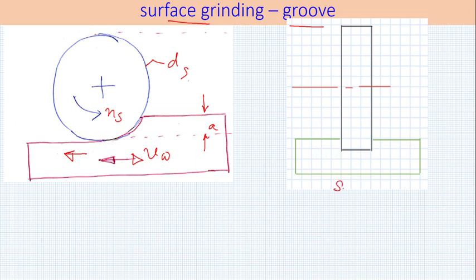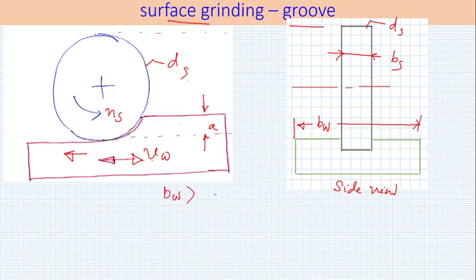This is the side view, and in the side view, this is your Ds and this is Bs. Here the width of the job is much larger. Despite that, this is not transverse surface grinding.